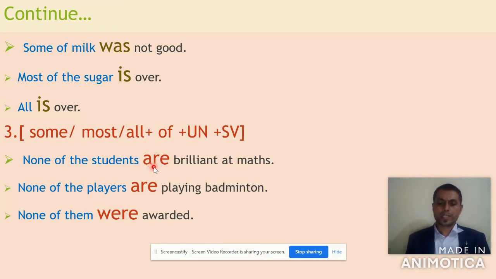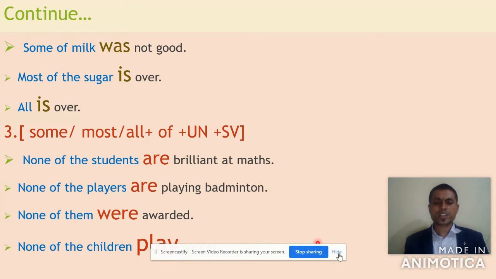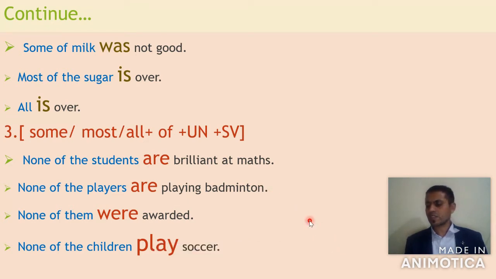So from here, you have to make your own structure. How can you make your own structure? Look at here, my dear student. And even here, none of the children play soccer. Here none of the plus plural, then play soccer. This play is a plural verb, the base form of the verb.